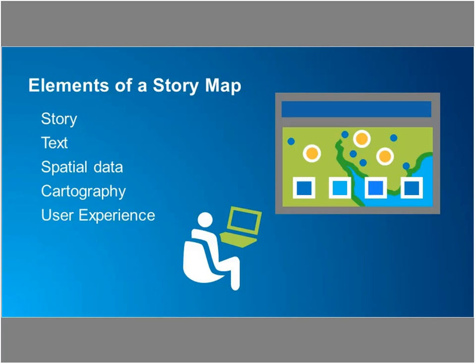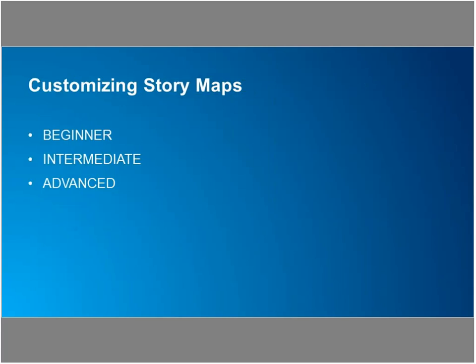There is the spatial data, which is derived from a variety of sources, including satellite images, map services, and tabular data. There's also the cartography, and this provides the attractive, understandable representation of your spatial information. And finally, we have our user experience, which presents interactive functionalities in an intuitive way.